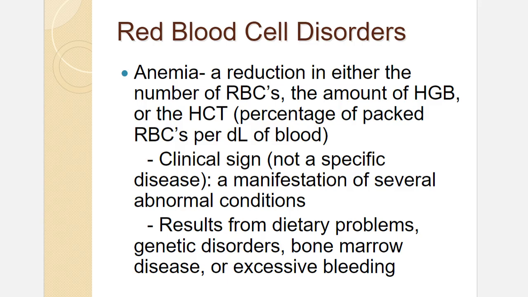So the point is, we just can't say, oh, the patient has anemia, and then go on our merry way. We have to determine what is the cause. And obviously, the more anemic our patient is, the more serious the situation is, and the more we need to intervene as quickly as possible to find the cause and provide the necessary treatment for that patient, okay?